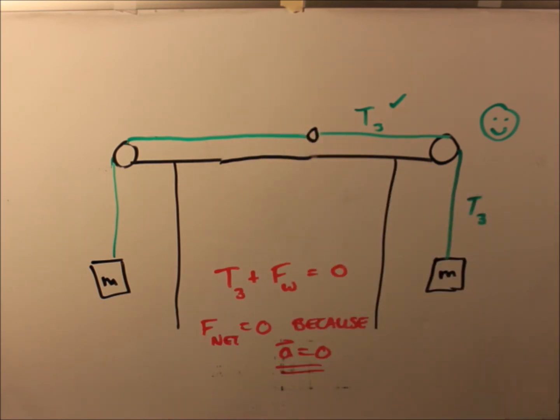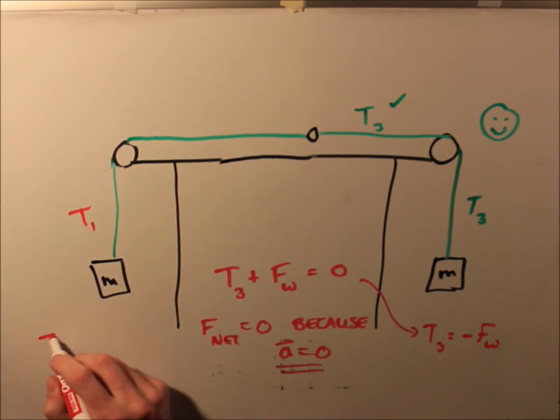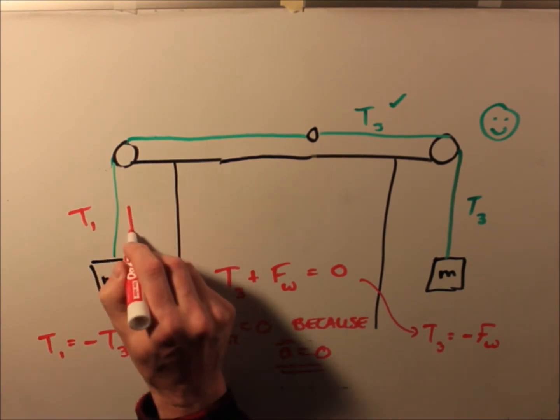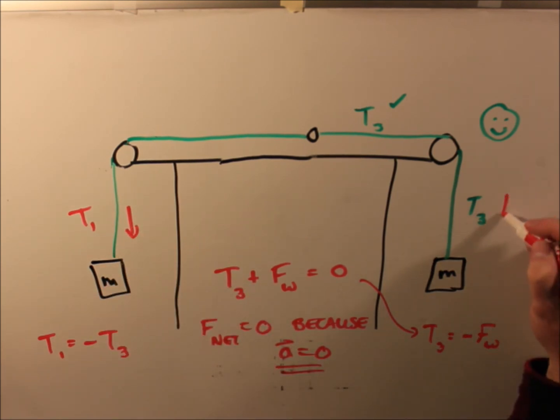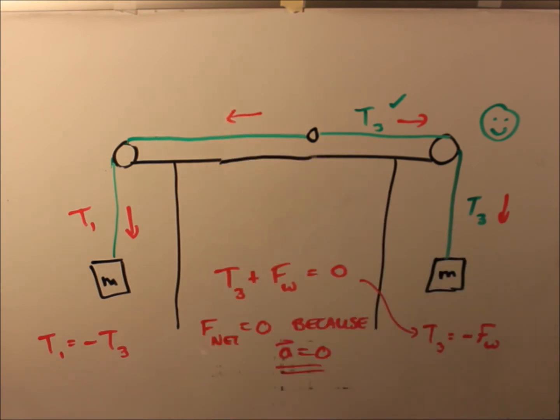And we also know from this one that T3 is equal to negative the force on the wall. And in this case, we're going to call this T1. So T1 is equal to negative T3 as well, because this one's pulling this way, this one's pulling this way, this one's pulling this way, and that one's pulling that way, right?